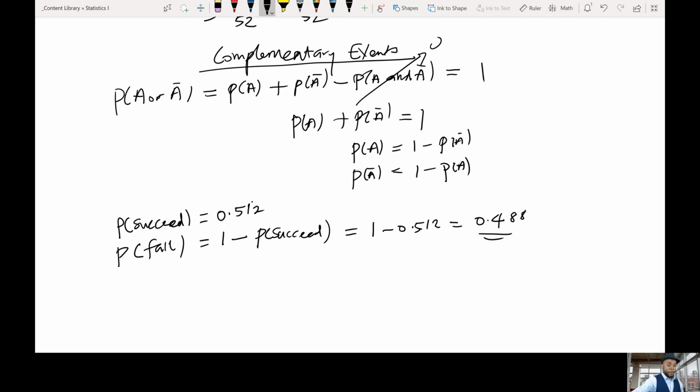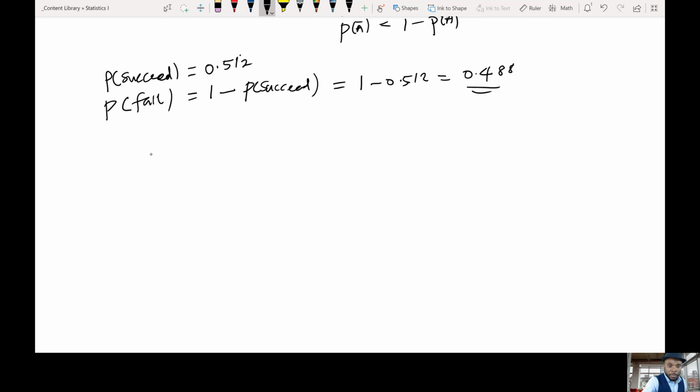Next, let's look at the multiplication rule for AND probabilities.